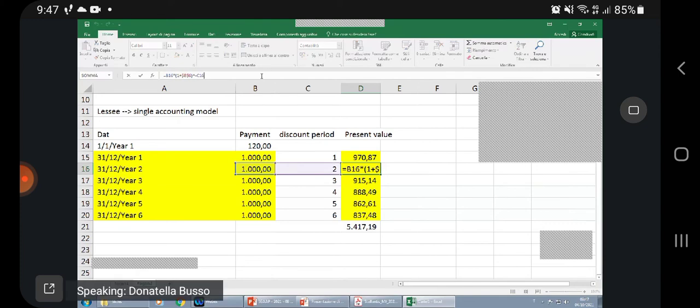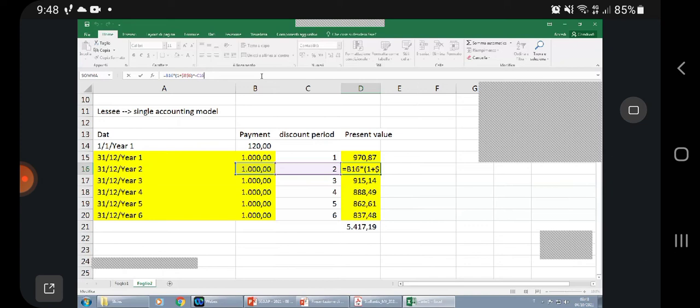The interest rate remains the same, 3%, but the discount period now is 2. So it's 1,000 divided by (1 plus 3%) to the power of 2. Or, if you prefer, 1,000 times (1 plus 3%) to the power of -2.